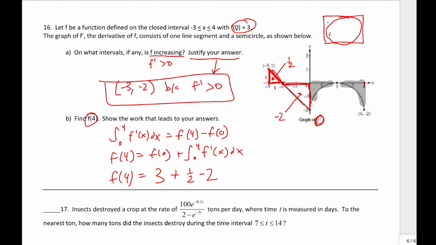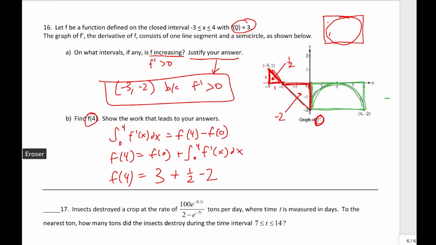The same thing's going to be true here, where we can think of this as a rectangle. Find the area of this rectangle right here, and that rectangle is going to be a 4 by 2 rectangle, so that overall rectangle is going to be 8. And then take away the area of the semicircle.